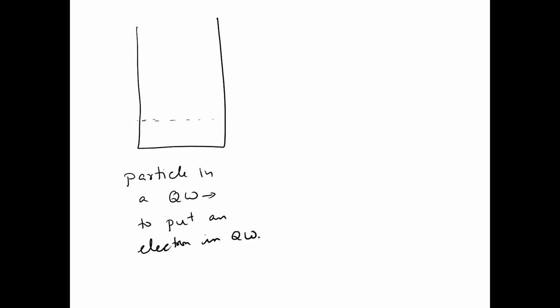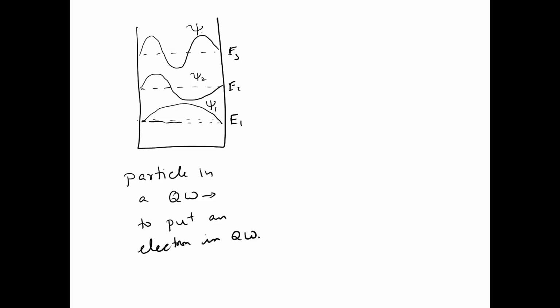If I try to put an electron in this quantum well, the electron can only go into energy E1, or it can go to energy E2, or it can go to energy E3. And the probability that it goes to energy E1 would be dependent upon psi 1. The probability that it goes to E2 would be dependent on psi 2. And the probability that it goes to E3 would be dependent upon psi 3. So there can only be some discretized solutions present there too. And thus, these are called quantum levels.